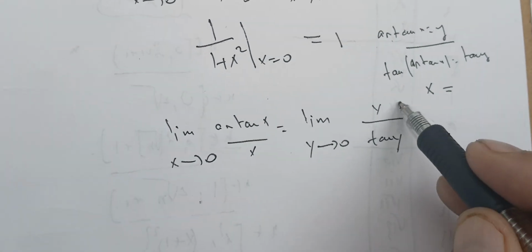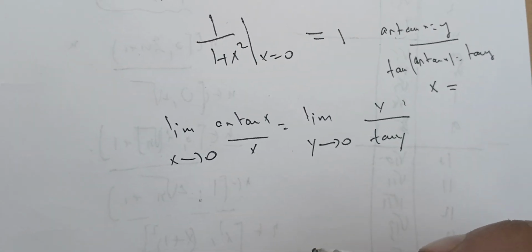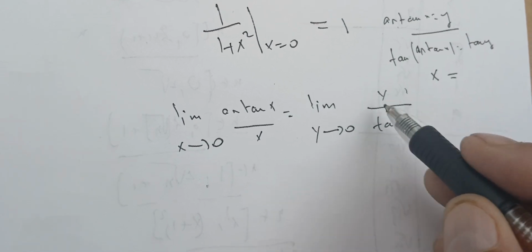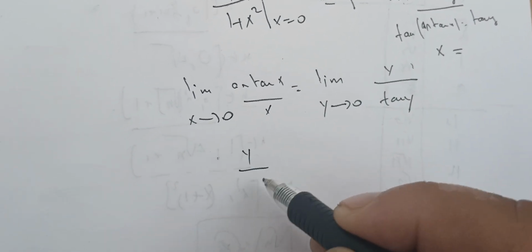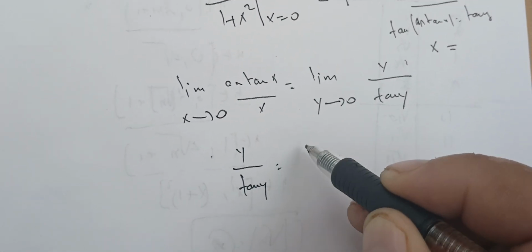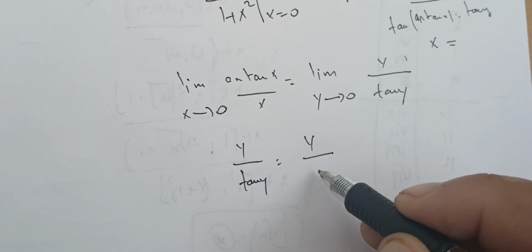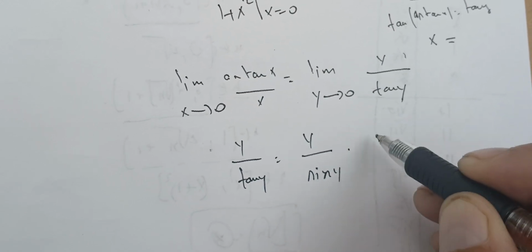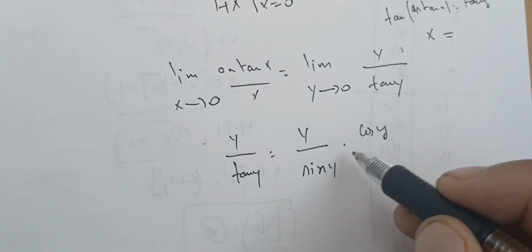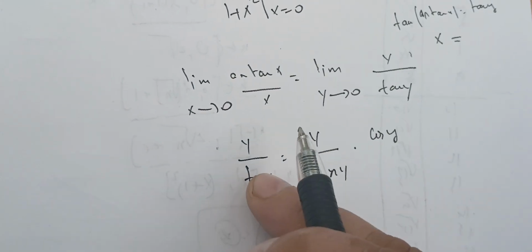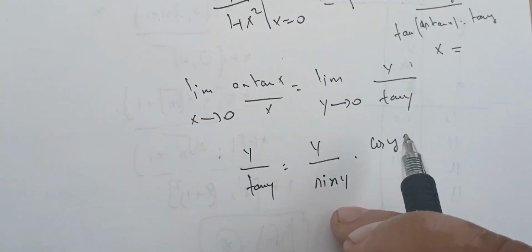Do we know this limit here? To see this limit, let's rewrite it. Let's rewrite 1 over tangent of y. So we have y over sine of y times the cosine of y. So I had to write tangent of y as sine of y over the cosine.